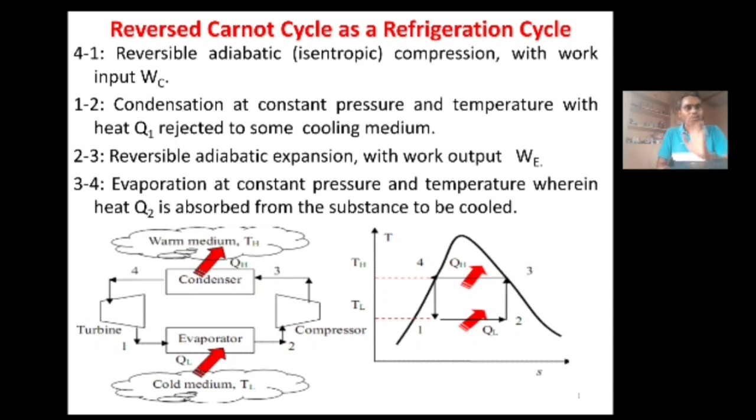Okay, now observing the same, here you can see 1 to 2 is the function of the evaporator where heat is being removed. Then 2 to 3 is the expansion, that is adiabatic expansion, reversible adiabatic expansion to be specific, right? Then 3 to 4 is the condenser, isothermal heat removal process. And 4 to 1 is expansion.